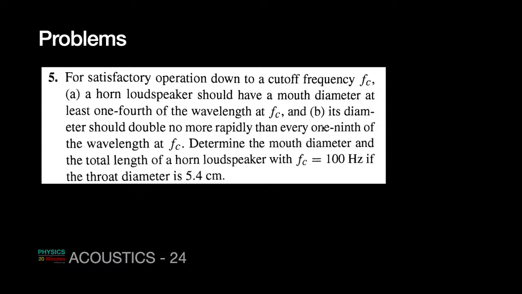And its diameter should double no more rapidly than 1/9 of the wavelength at Fc. So along the axis of the cone, if you move a distance of lambda by 9 from the throat, that is from the narrow end, then the diameter should double at the max. So diameter is 5.4 and the wavelength is 3.4. 3.4 divided by 9 will give you roughly 0.4.